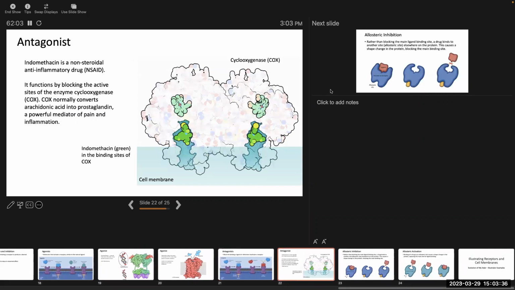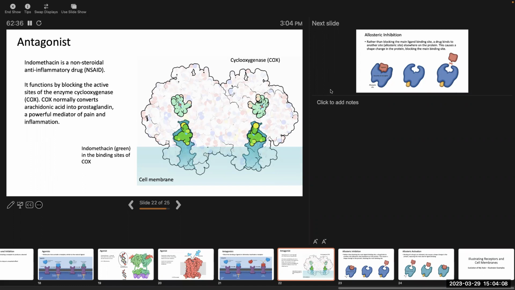So here's an example of that. The picture on the right is an enzyme called cyclooxygenase, abbreviated COX. There are a couple of different kinds of cyclooxygenase, but I'm not sure which one this is here. But cyclooxygenase is a molecule that's very important in inflammation and the generation of inflammation following an injury.